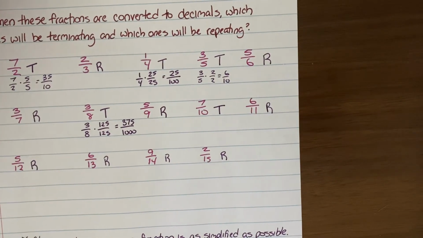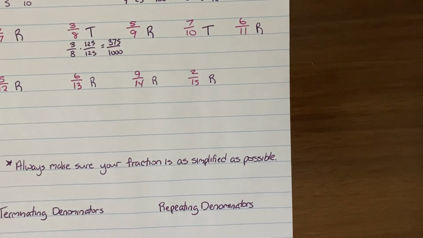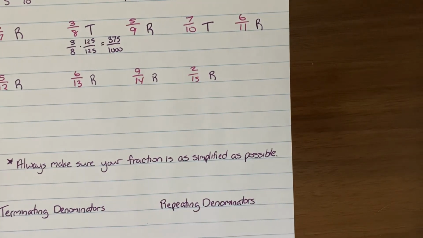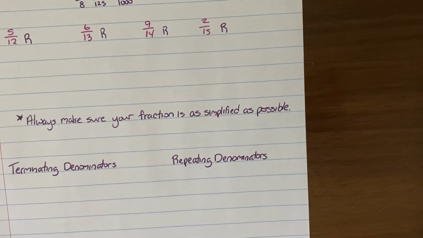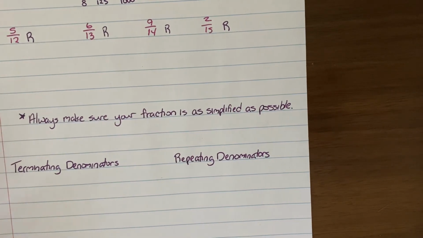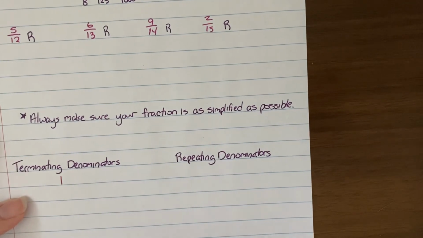Okay, so what have we learned so far today? We learned, first of all, you always make sure that your fraction is as simplified as possible. Always, always, always. Then we learned that certain denominators will always be terminating and certain denominators will always be repeating. Okay, so let's see. 1, we didn't try 1, but anything over 1 is always just itself. So we know that 1 will be a terminating denominator. We learned that 2 is always terminating.